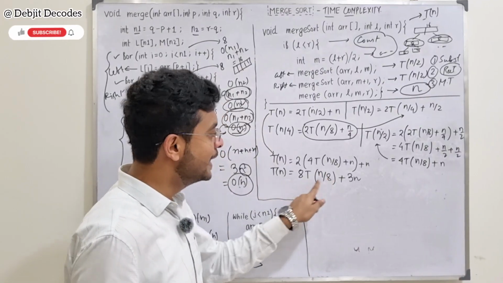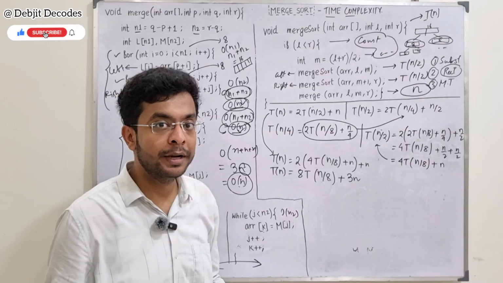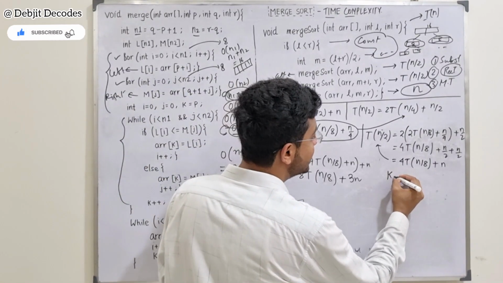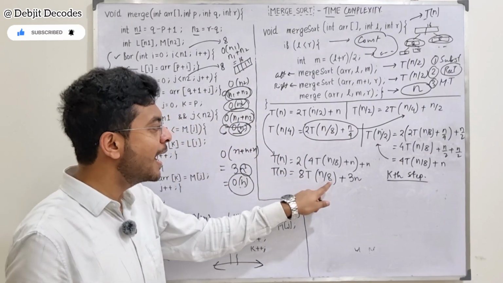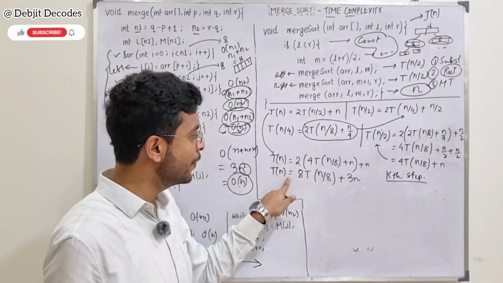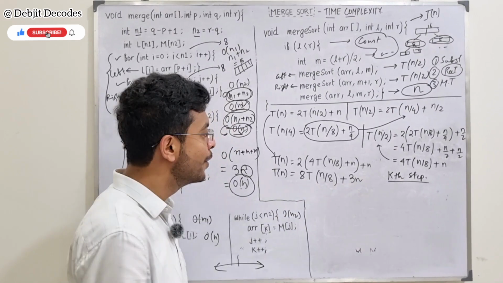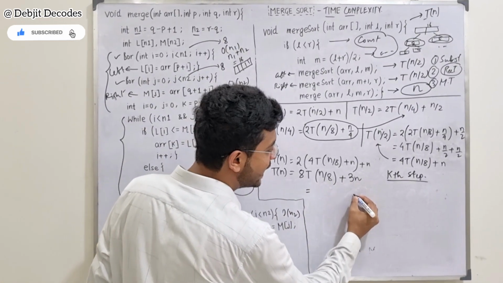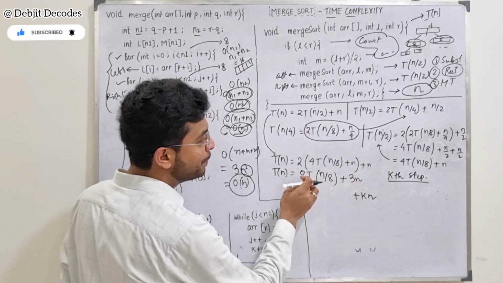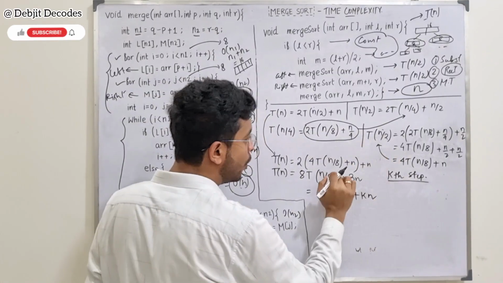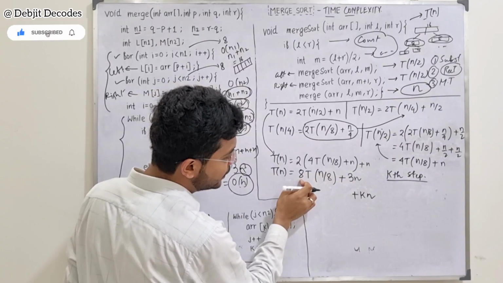Now if you do that, you can find the pattern. After which step will it stop? Suppose after the kth step it will stop. After the third step, we can see this is the equation: T of n equals 8T(n/8) plus 3n. So after the kth step, what will be the general equation? This is k of n, and if this is 3, then it is 2 to the power 3.